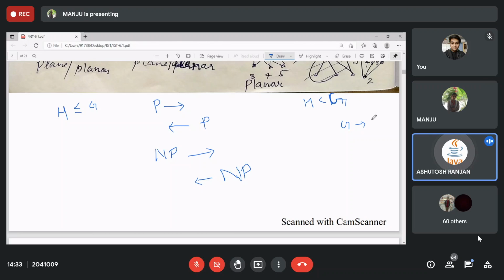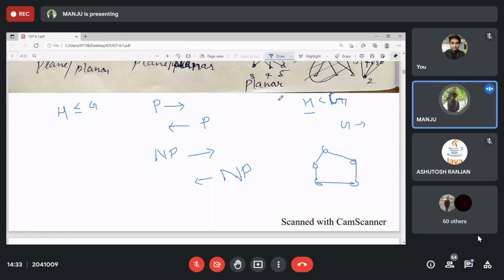Ma'am, Petersen graph, C5 cycle. But I am saying that every proper subgraph is planar. Petersen graph is not an example for that.